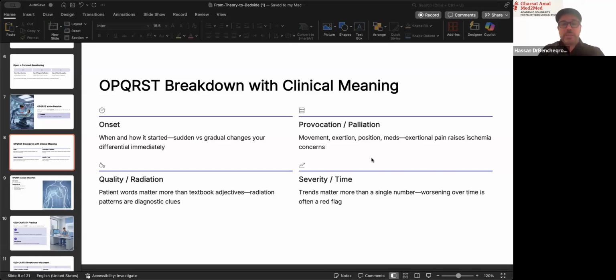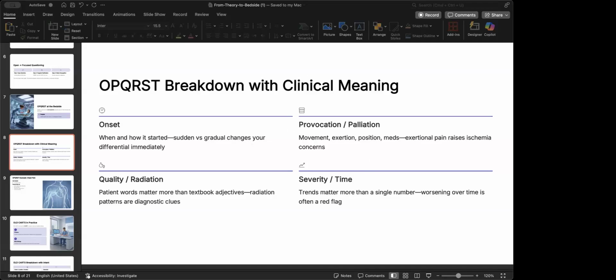It feels a little better if I rest or use a warm towel on my neck. And also anti-inflammatory medication helped. Okay, so turning your head to the left and down makes it worse, is that right? Correct.